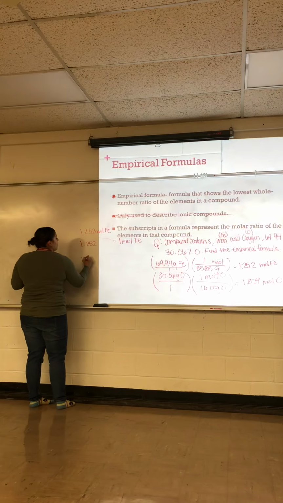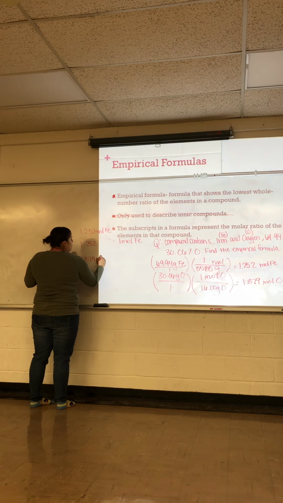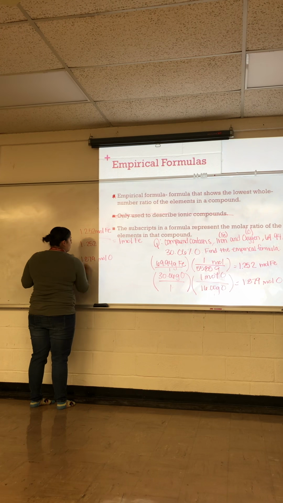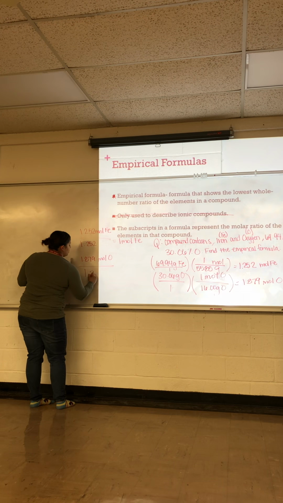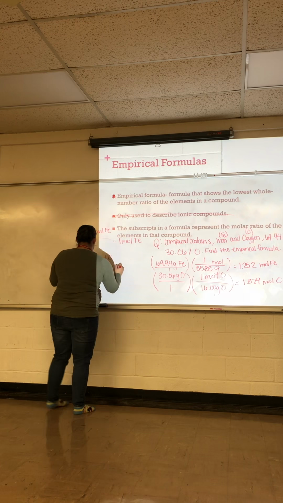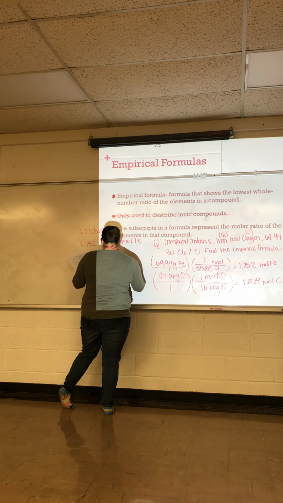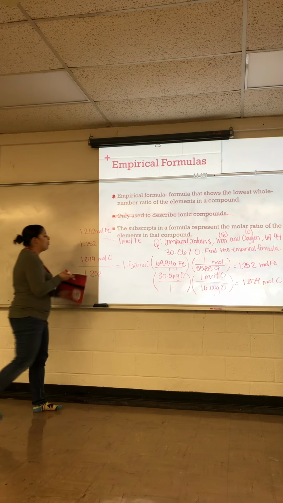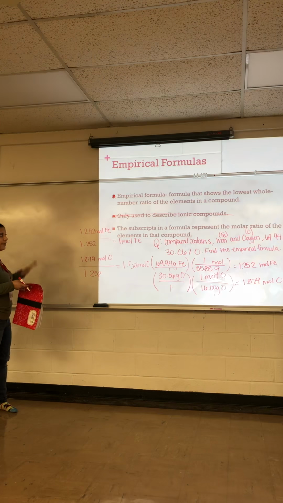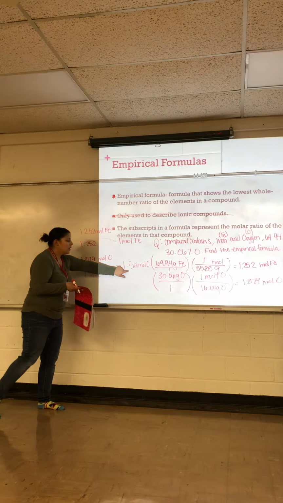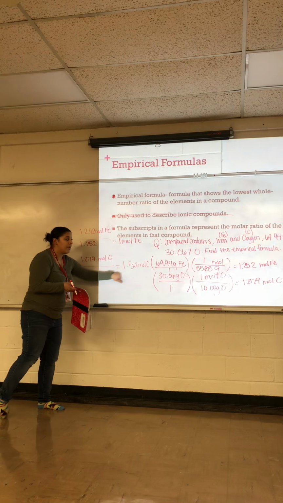Now, when I take 1.879 moles of oxygen divided by 1.252, I get 1.501 moles of oxygen. Still not a whole number. So I can't use this for my empirical formula.